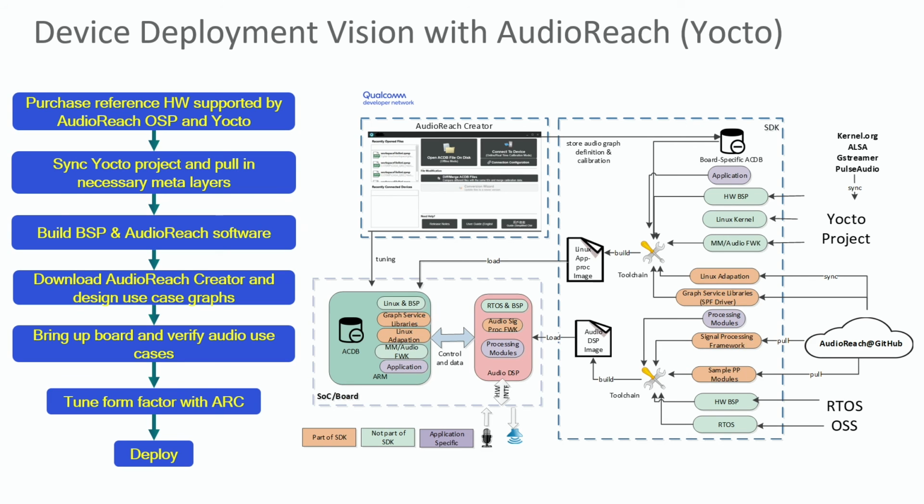By having this meta layer, everything will be pulled just from the open source projects, and you build your image. Then you'll be able to download AudioReach Creator today from Qualcomm Developer Network, start your use case design, then deploy onto the boards and tune your devices with ARC. And once everything is done, you deploy.